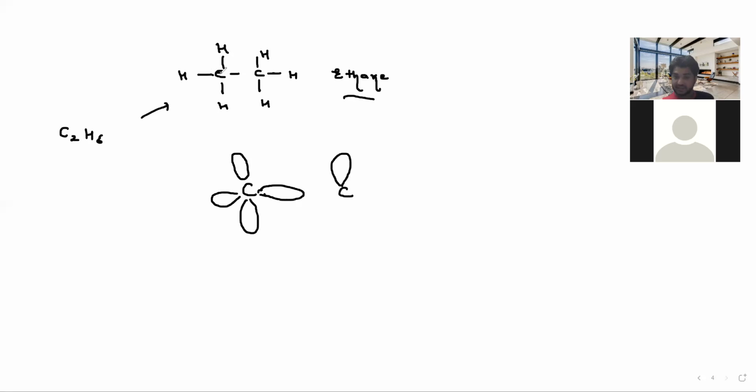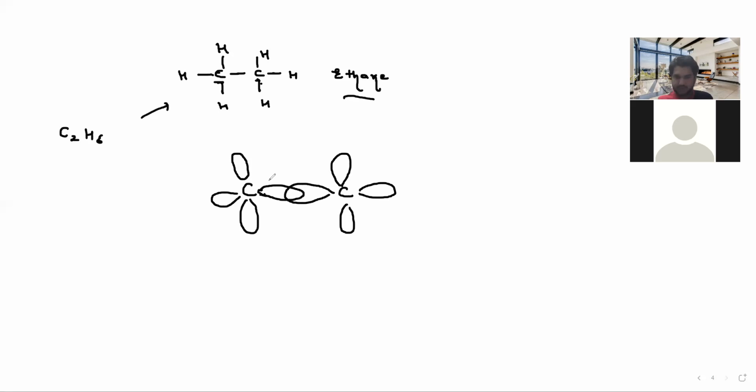see, this carbon is attaching with this carbon, right? So one orbital of carbon is definitely overlapping with the other carbon. This carbon is making a bond with this carbon, so it is obvious that this orbital is overlapping with the other orbital of the carbon.